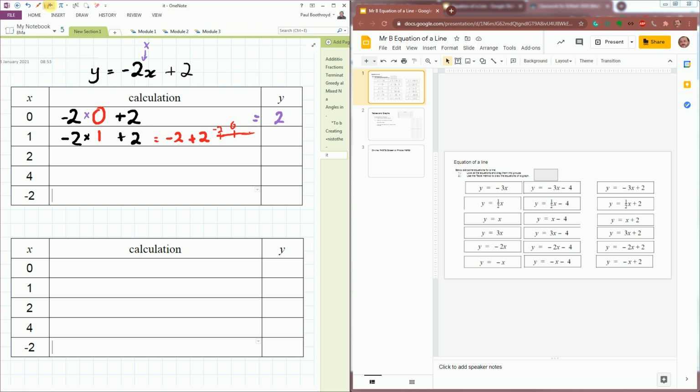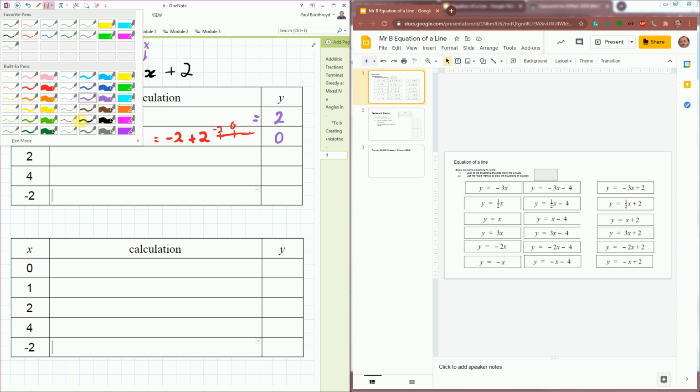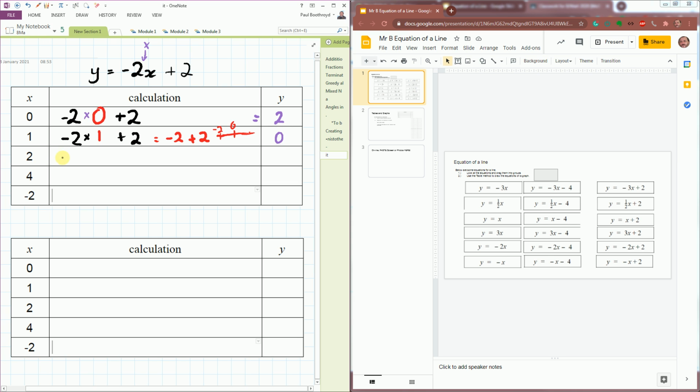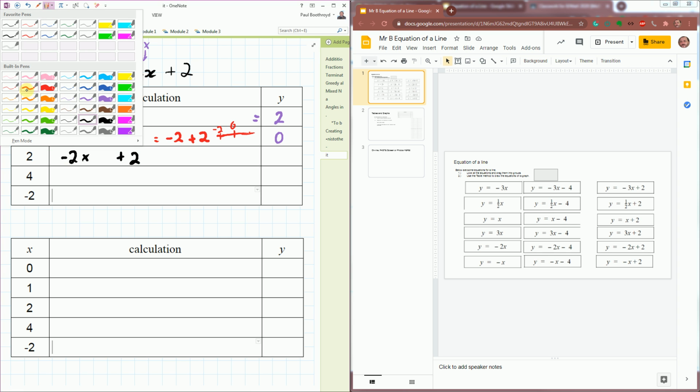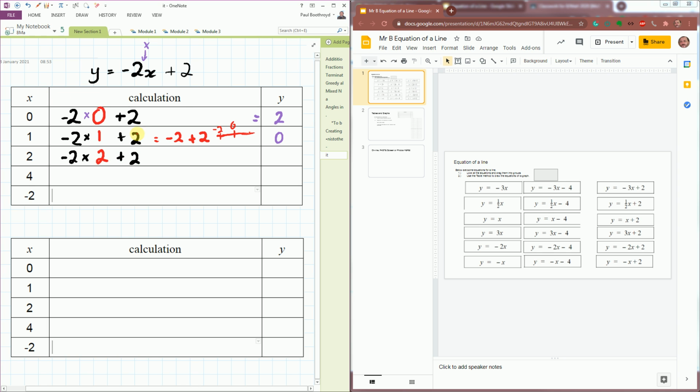I'll do that one in purple as well. Next line down. Copy the form of the equation. Replace the x with the value we've typed in. I don't understand the first part. What the black stuff is, I'm just copying out of the equation.